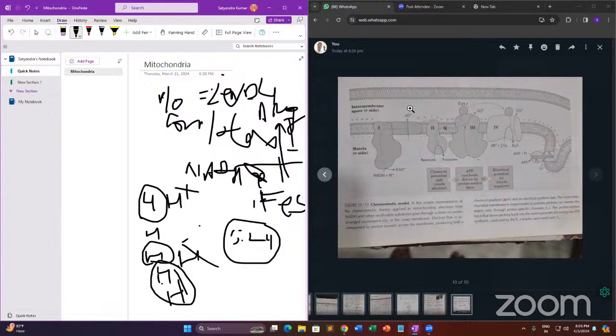Steroid hormones, not cholesterol proper, because cholesterol is synthesized in the cytosol, but a few steroid hormones are synthesized in the mitochondria.